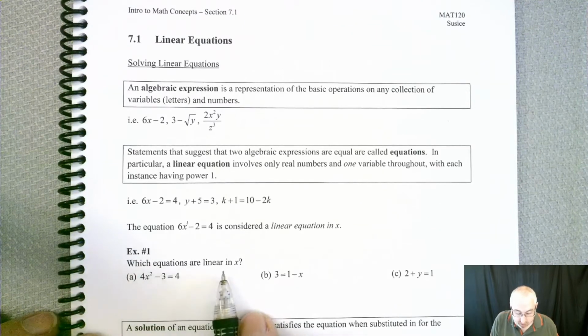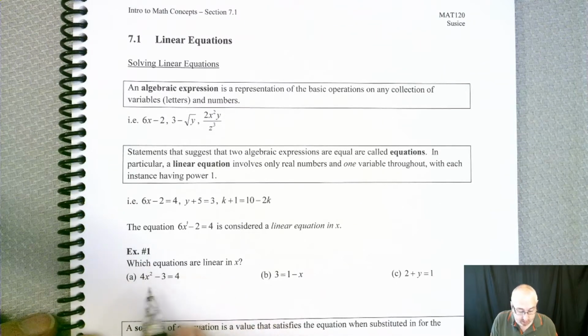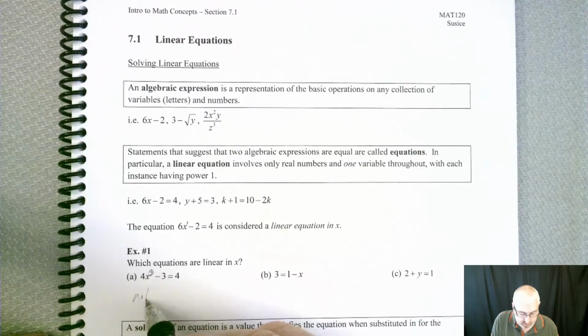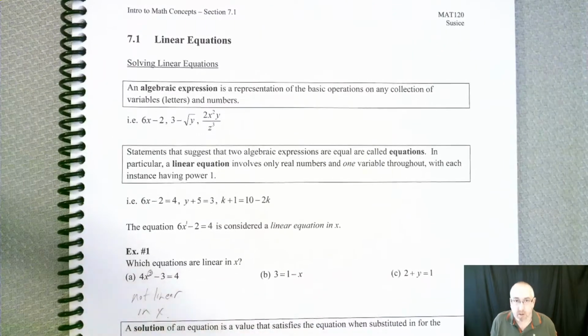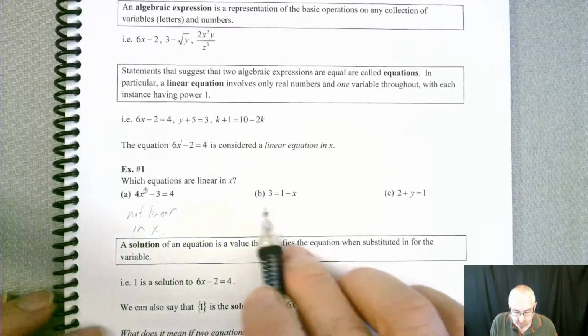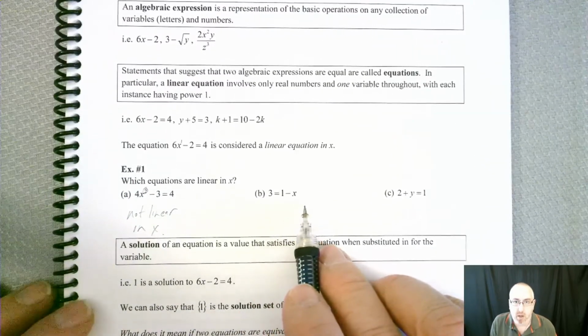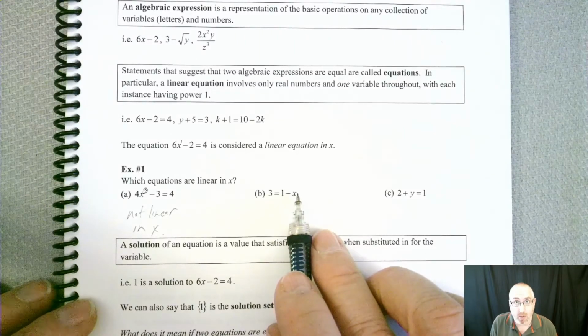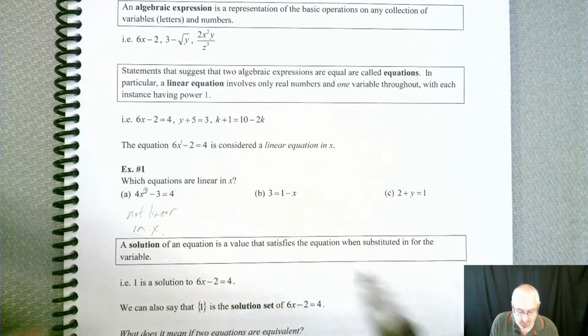Which equations are linear in x? Well, this one has an x, which is good, but the problem is the exponent. So this is not linear in x. What about the second one? 3 equals 1 minus x. Well, x is in there, so that's good. And it doesn't have an exponent, which means it has an exponent of 1, so we're good there too.